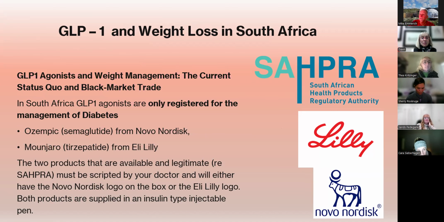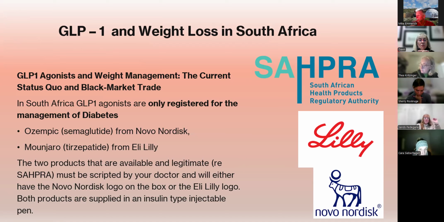There are doctors who are prescribing them, and there are weight loss clinics, and I can list the names of all of them if anybody wants them, who are prescribing them for weight loss very attractively at 3,000 to 5,000 Rand a month. But they're not legally licensed to be used for weight loss. They are only registered for management of diabetes.